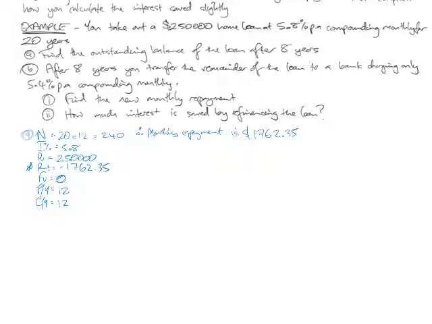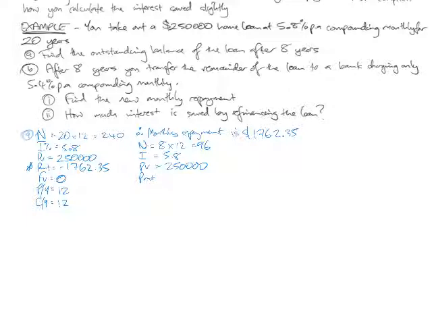We need to know how much you are paying every month for 8 years and see what's left. So now we can answer A. You're going to be doing this $1,762.35 for 8 years only. So 8 times 12 is 96. The interest rate is still at 5.8%. You started off owing $250,000.